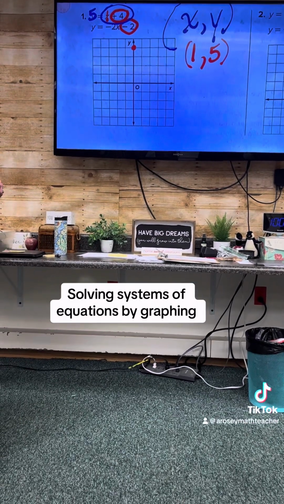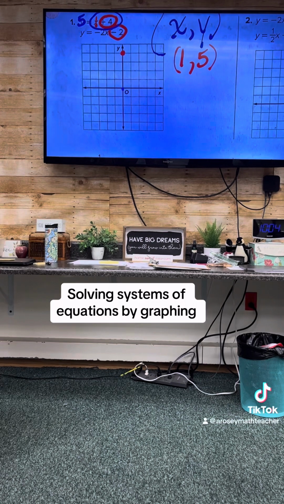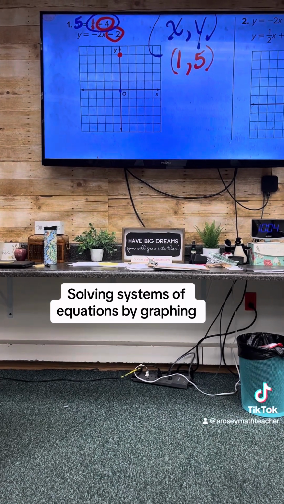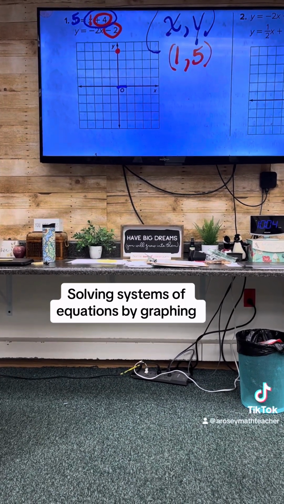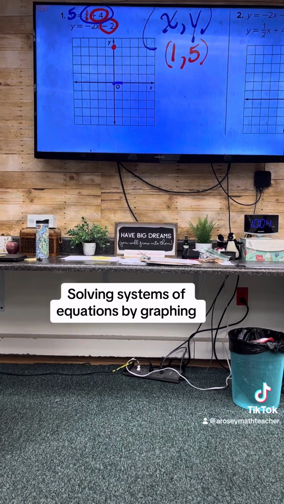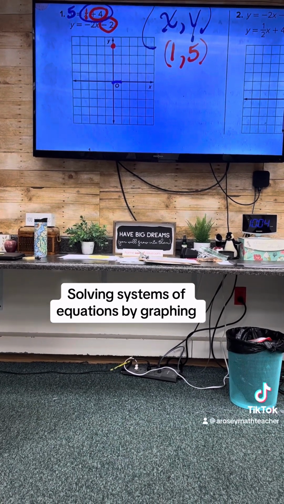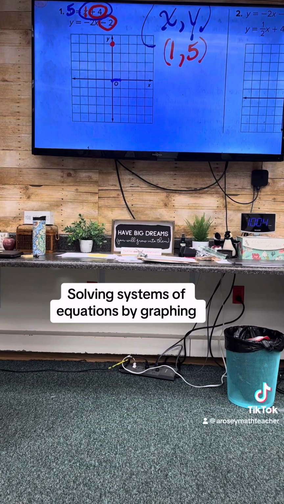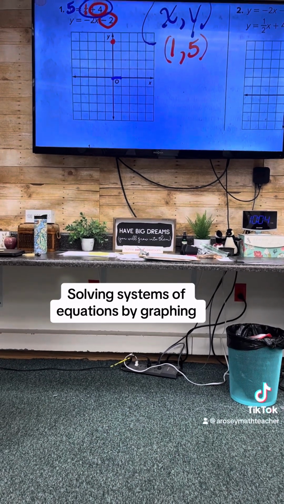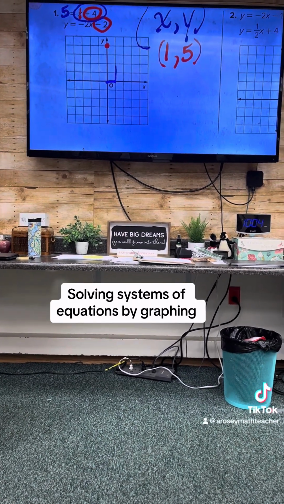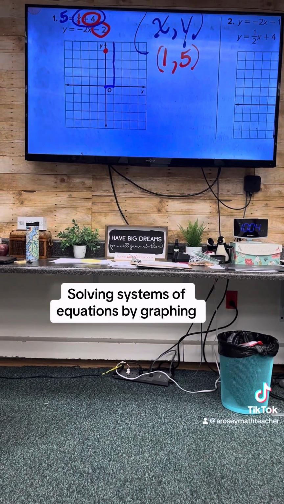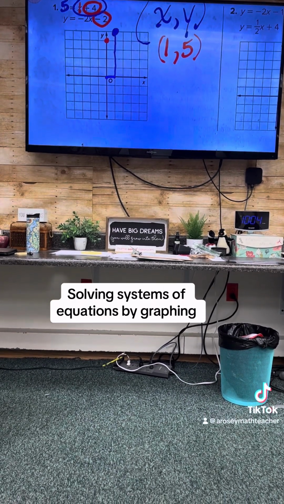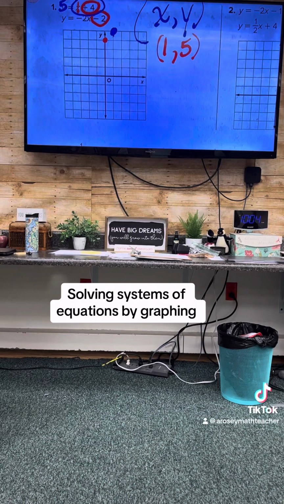I start at the point of origin and I head which way for my 1? 1 space to the right. That's not where I plot the point though. Now I head what direction for 5 spaces? Up. Count as I go. 1, 2, 3, 4, 5. Place your plotted point, erase your guiding lines.